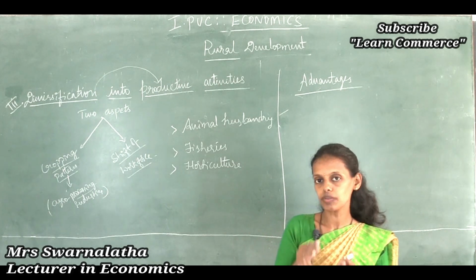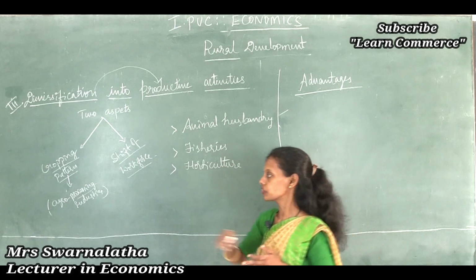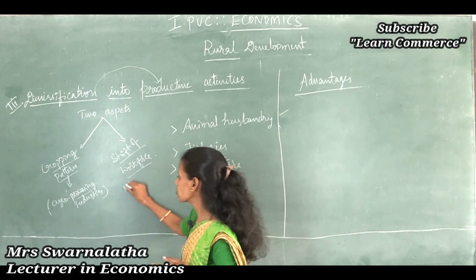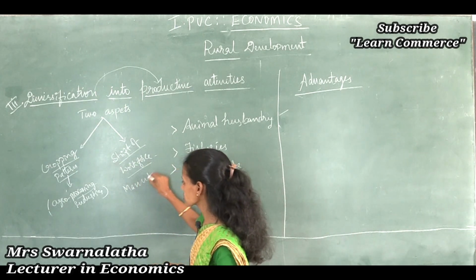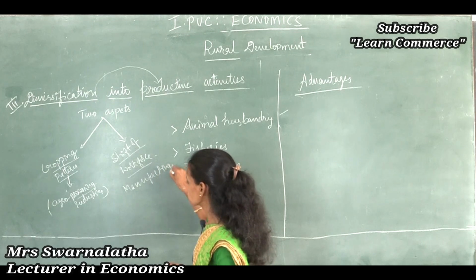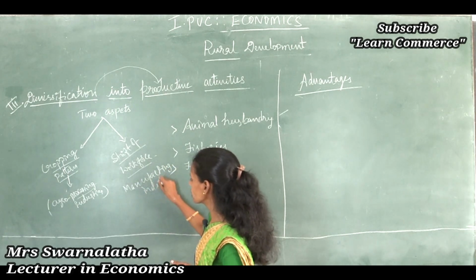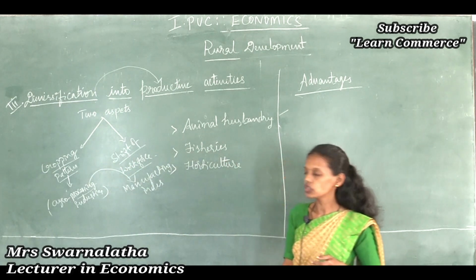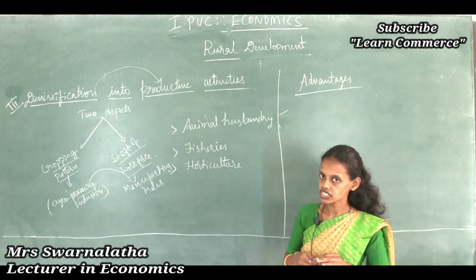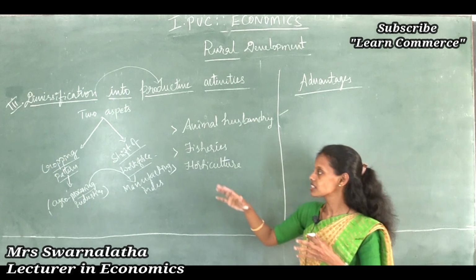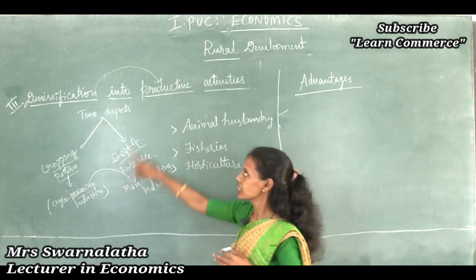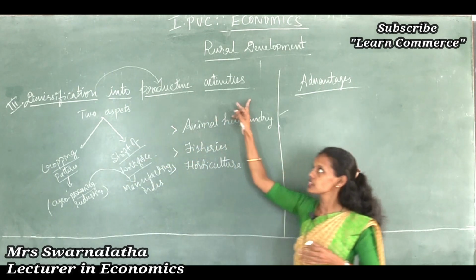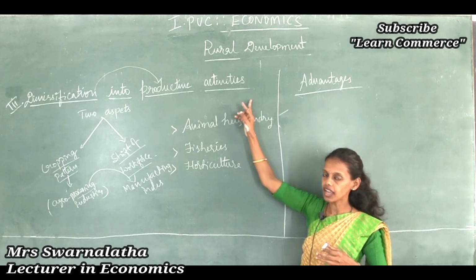After processing the raw materials, to make finished goods, manufacturing industries are required. Thus converting agro processing industries into agro manufacturing industries is essential. With this intention, diversification is made into productive activities in agriculture.